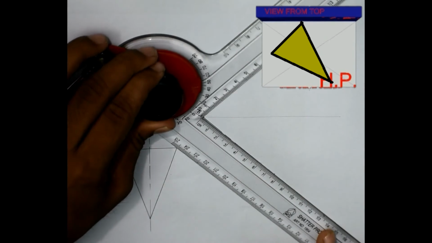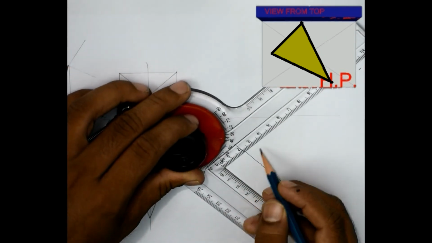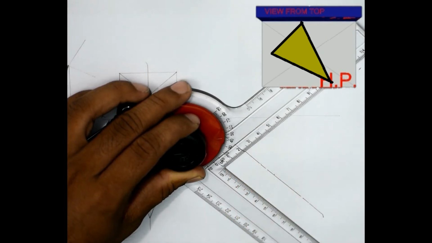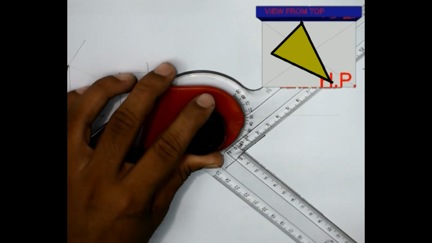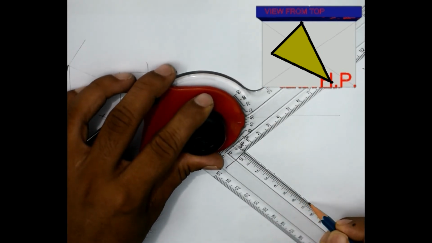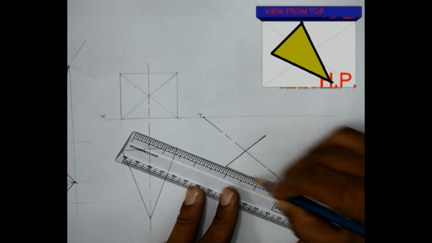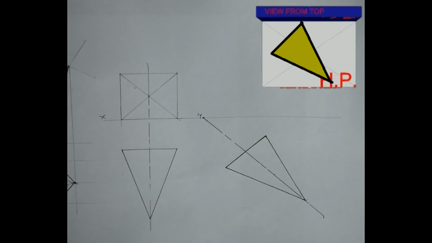I am aligning this with the axis line, again taking somewhere here 40 mm. Now I will draw this with the 2H pencil because this is our answer, and the axis height is 65 mm. This is our actual top view.